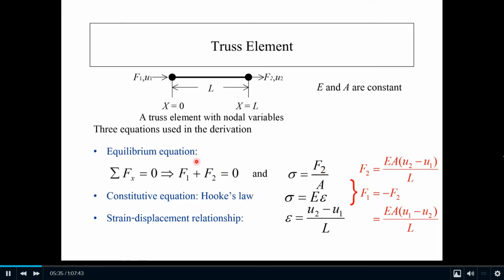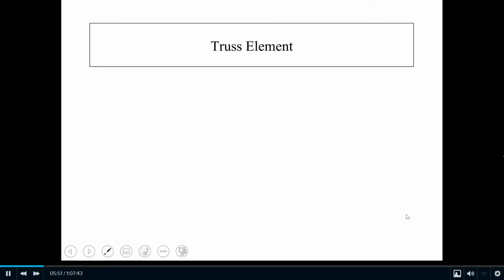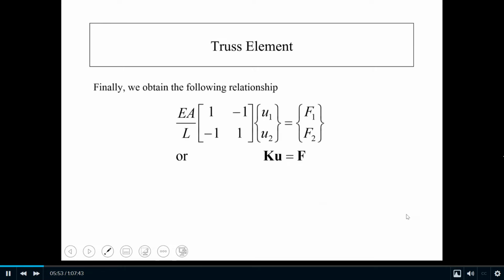Since F2 equals minus F1, you can also have this equation. If you look at these two equations, F2 and F1, now you have a relationship between F and U, and you can write those in matrix form. This is basically the element stiffness matrix for the truss element that we have.